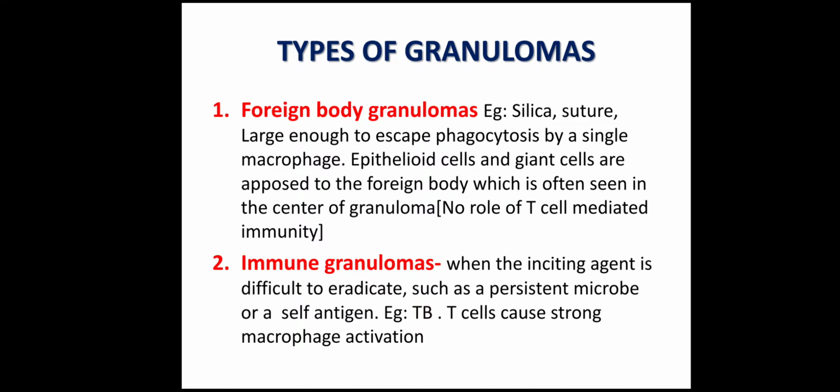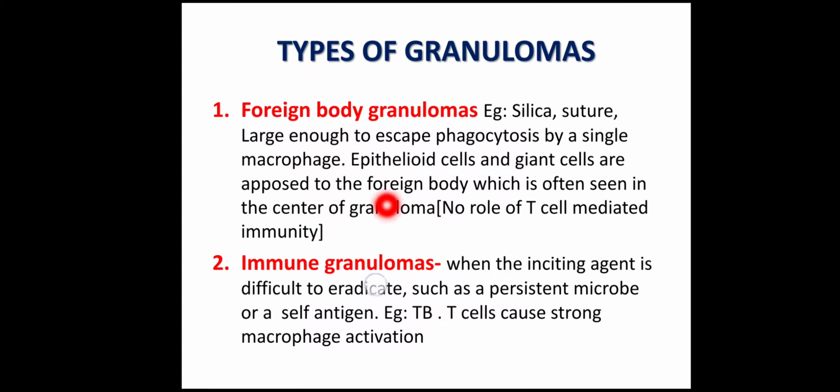There are two types of granulomas. One is the foreign body granuloma, which is formed as a result of the presence of a foreign body in the tissues, like silica, suture, or talc. These foreign bodies are sometimes large enough that the macrophage is not able to phagocytose them. In that case, the activated macrophages, known as epithelioid cells and giant cells, are apposed to the foreign body.